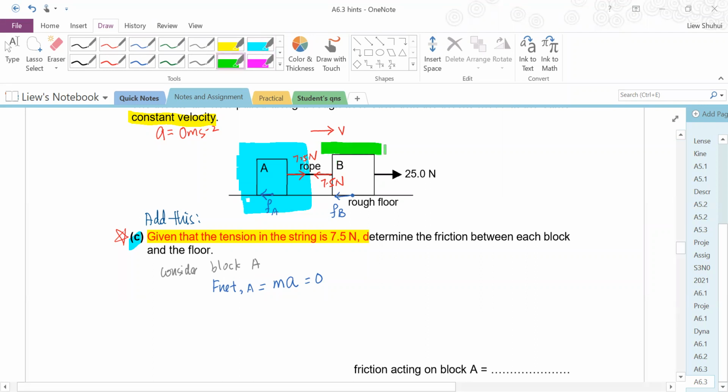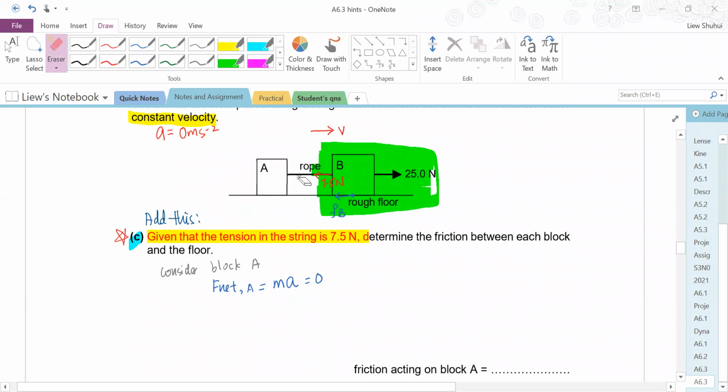Now let's move on to block B. When you're looking at block B, the forces acting on block B, you should see that there are actually three forces acting on block B. The three forces are the 25 newton force that is pulling towards the right, the tension towards the left, as well as the friction towards the left.